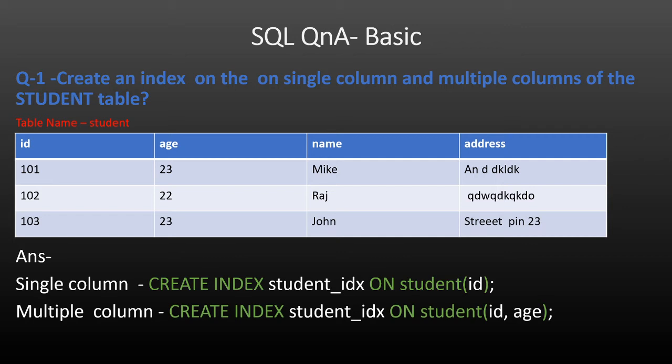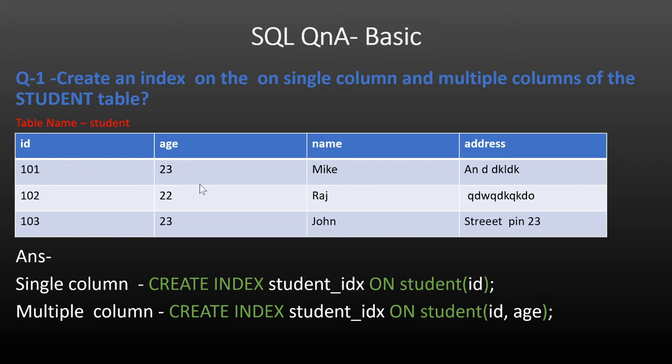Sometimes in your table you don't have a unique key, so we may have to use a combination of two columns to create the index. How do you create it in that case? Suppose our IDs were not unique, but become unique based on the age and ID columns.